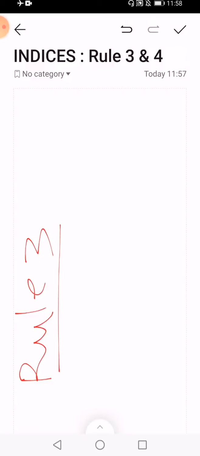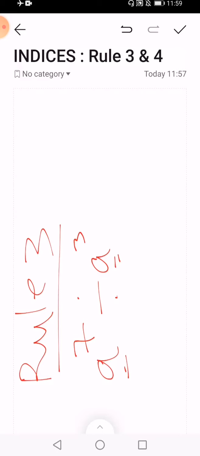For example, we have a to the power 7 divided by a to the power 3. So we have these powers, this base is a and a, they are the same, but the powers are not the same. So what do we get if we divide powers of the same base?